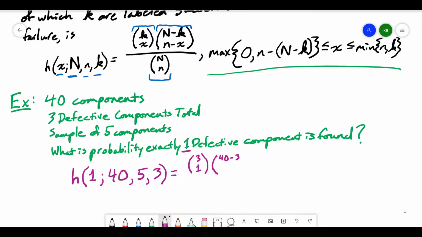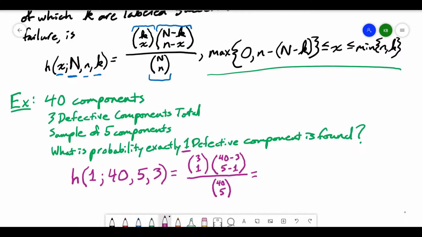And then my sample size of 5 minus my 1 defective, so the 4 non-defective components I'm trying to choose. And then I'm going to divide that by my total ways to take samples of 5, so my population of 40, choosing my 5 components.